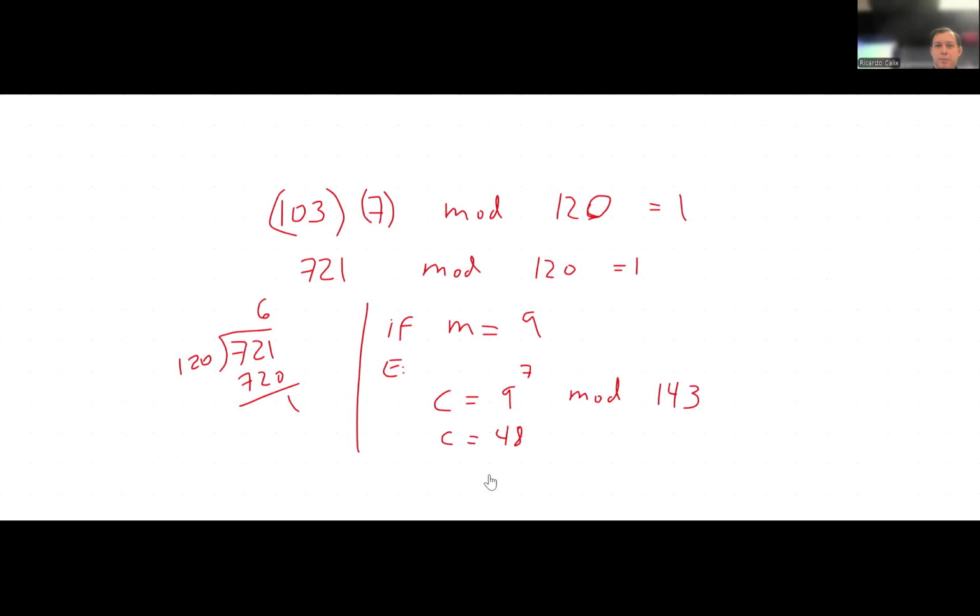Now we're going to decrypt it. So decrypt: C to the D mod n. So this should be 48 to the 103 mod 143. Okay.